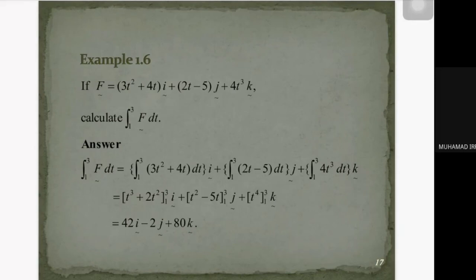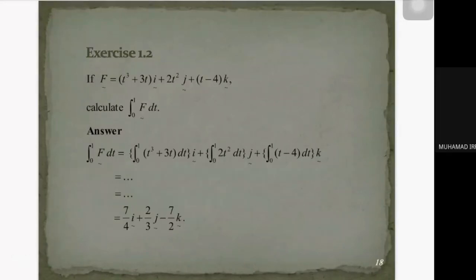Similarly, for the second component, 2t minus 5, integrate it, you get t squared minus 5t. And 4t to the power of 3, you will get t to the power of 4. After you integrate it correctly, don't forget to substitute the lower and upper limits. In this case, your lower limit will be 1 and your upper limit will be 3. So substitute 1 and 3 and simplify. You will get 42i minus 2j plus 80k.